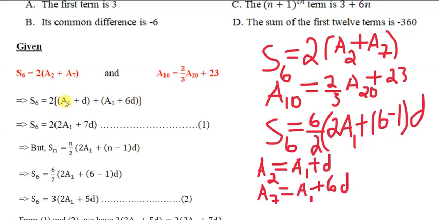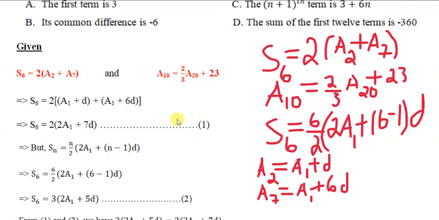A1 plus A1 gives us 2A1, and d plus 6d gives us 7d. Therefore, S6 is equal to 2 times 2A1 plus 7d. Note that the 2 multiplies both 2A1 and 7d.